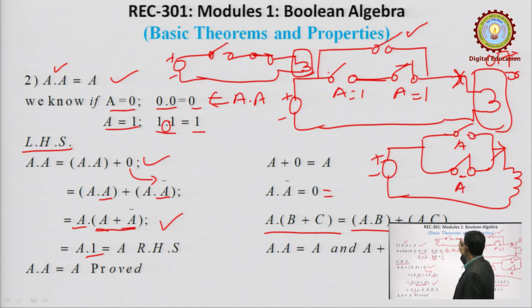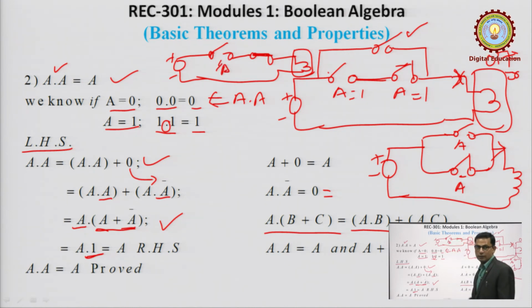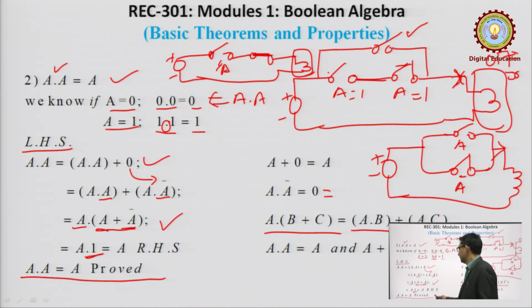This switch always remains closed because of 1. Okay. Always closed. So, the output depends totally on this switch. This is A. Okay. And the dot product tells us that both the switches are connected in series. Okay. So, we can say it has been proved that A dot A is equals to A. Okay.